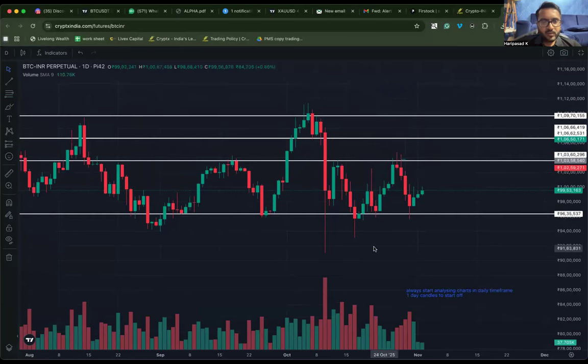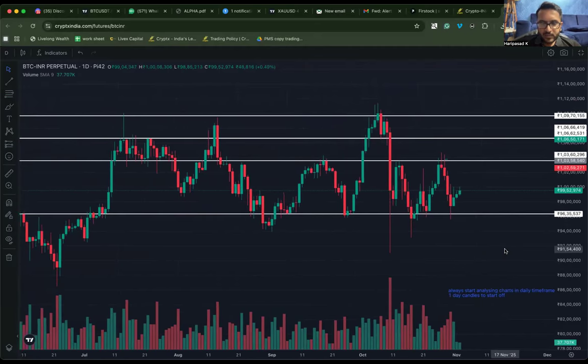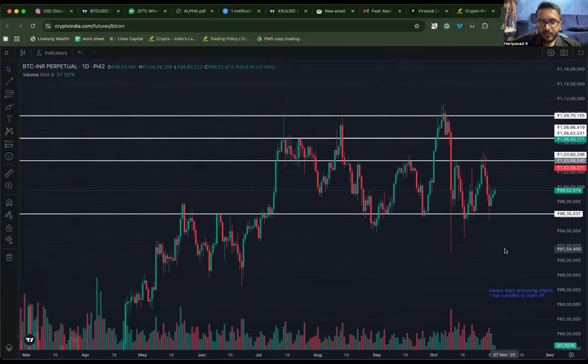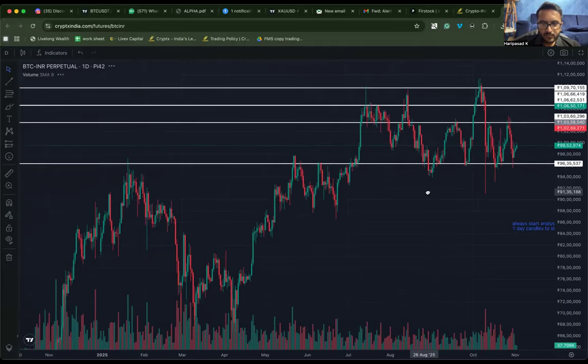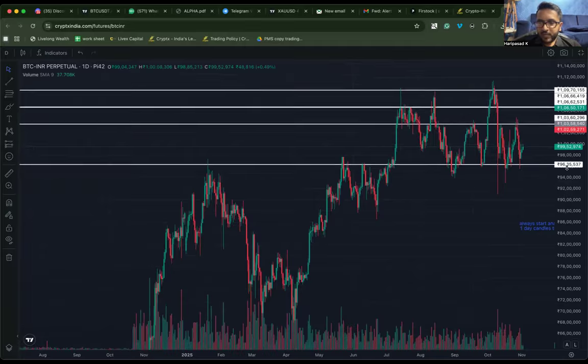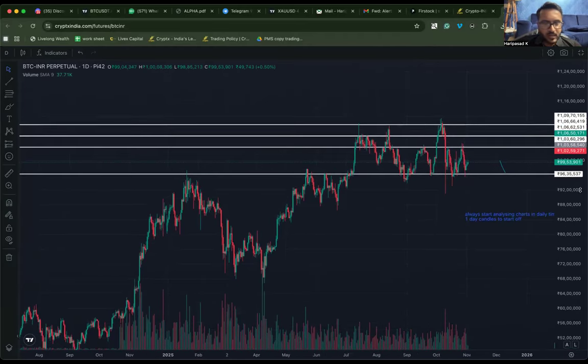Here, if I look at the levels, as far as Bitcoin is concerned, if I have a look at the charts, I can say that the overall trend of Bitcoin at the moment looks bullish to me.